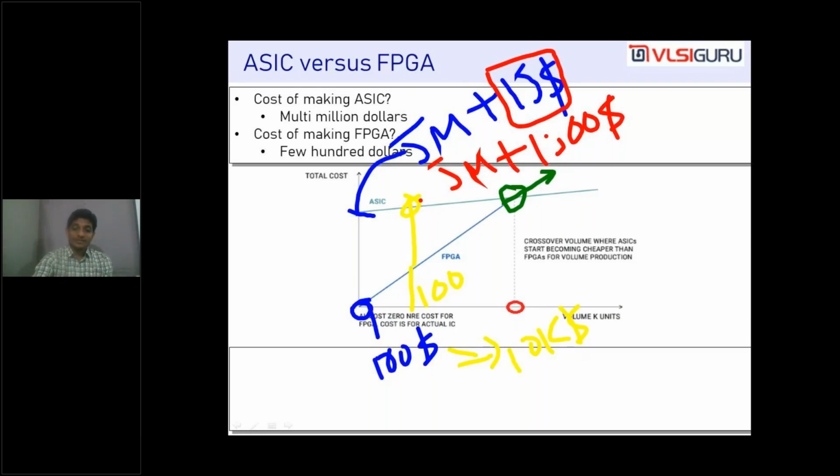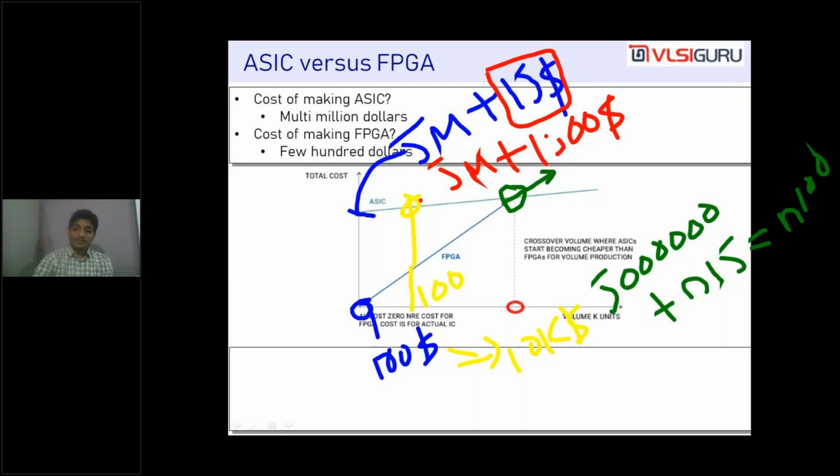So how do I do that? 5 million plus n into 15 equals n into 100. So 85n equals 5 million. So n is 5 million divided by 85.